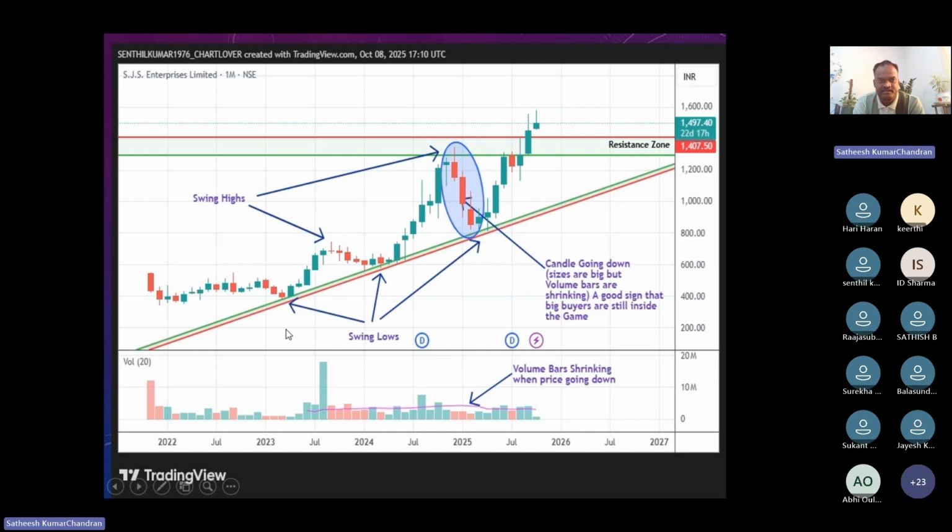We need to see support, resistance, breakouts to determine entry and exit points of the stock. And we have to combine fundamental analysis. We have to check annual reports. If we have time and patience, we have to read them, and then we have to move on.